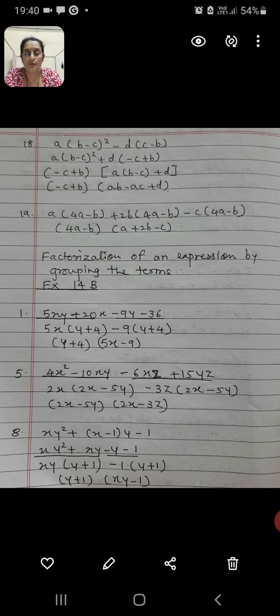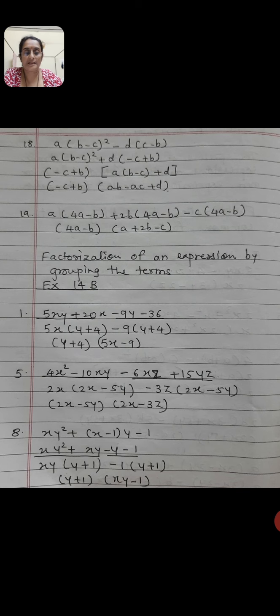No, no numerical coefficient is same, no literal coefficient is equal. So we have to open the bracket. So when you multiply ab with x square plus y square, you will get abx square plus aby square. Then minus xy, if you multiply with the bracket, that is minus xya square minus xyb square.